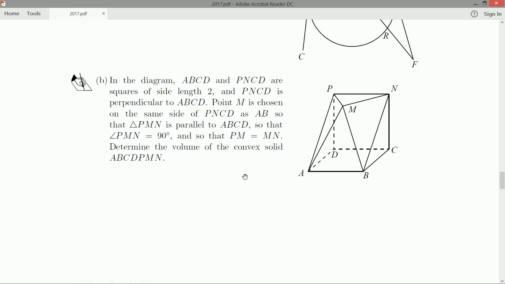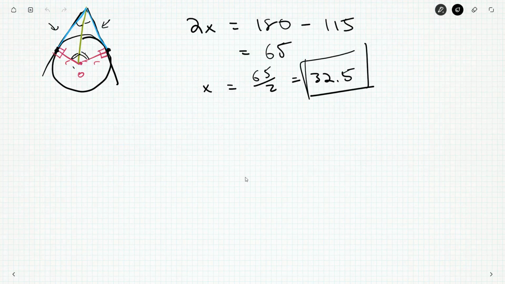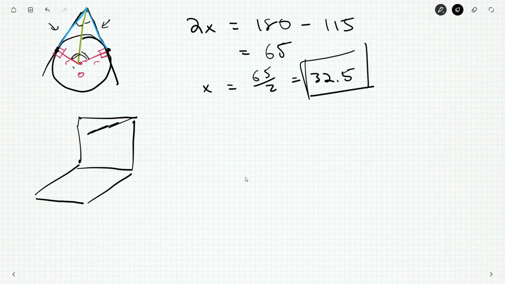Okay. Let's draw a picture of this and maybe get some perspectives. I'm thinking front view might not be that helpful, but we'll see. So what have we got? We've got A, B, C, D, and then we go up, and then we come out a bit.